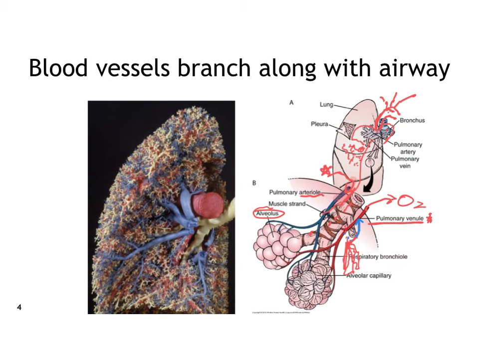You have two types of circulation. You have pulmonary circulation and bronchial circulation. Pulmonary circulation, which is what we're talking about primarily, is going just to get oxygen into the blood, into the tissues. Bronchial circulation is going to come off to supply the tissue, the parenchyma, the organ of the lung itself, with oxygen.